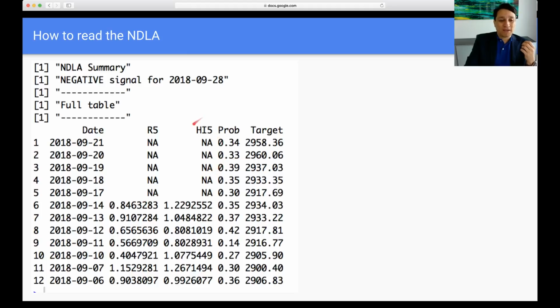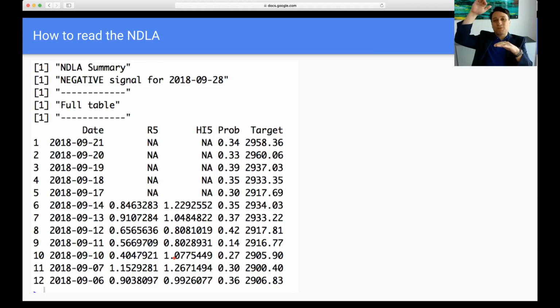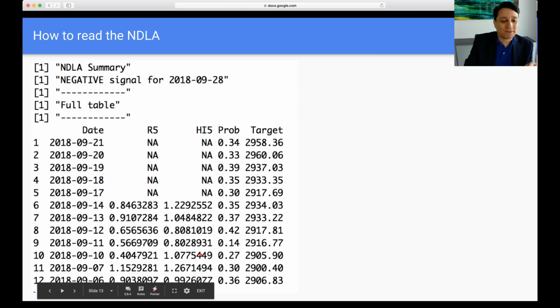But then look at the HiFi, which is like the highest value in the period. Notice that even though we have negative signals, we have seen 1% moves within the window, and then the market comes back. That's how it works. The market goes up and then comes back. And so we have had a few of those spikes, if you will, higher than 1%.